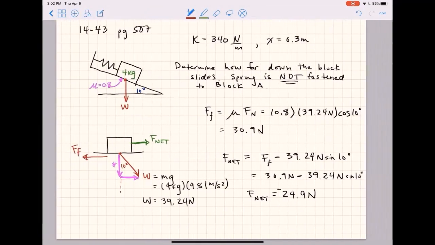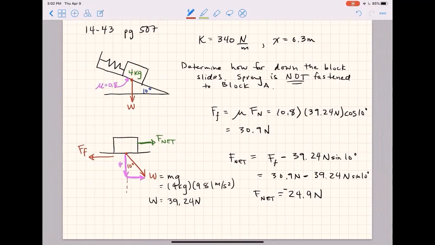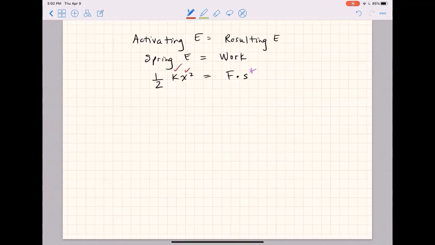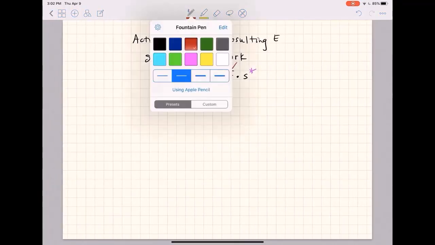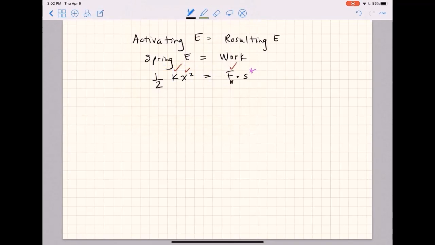So if you didn't do that initially, you would have said, okay, well, which force is it? Clearly there's only one force that is actually pushing this block down, and that would be the net force in this case. The weight, but you have to subtract the friction force that's going in the opposite direction, okay? So we do have force. If you want to make it clear, I can even put in F net.